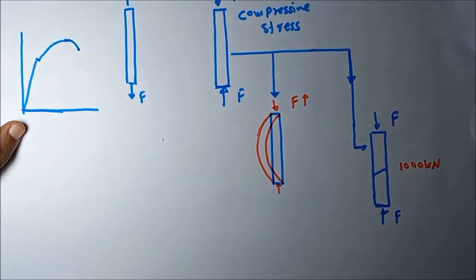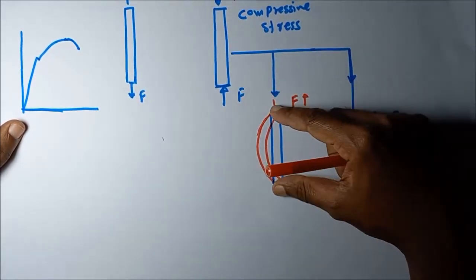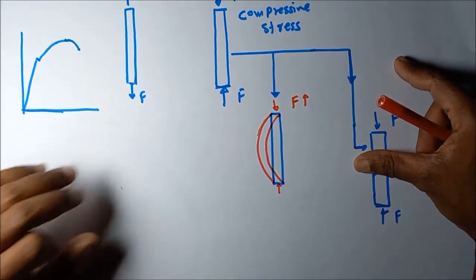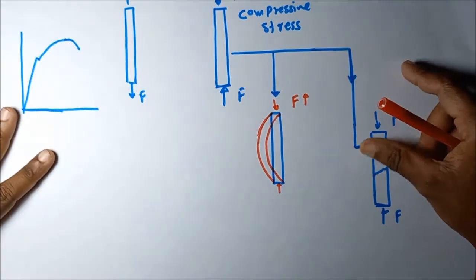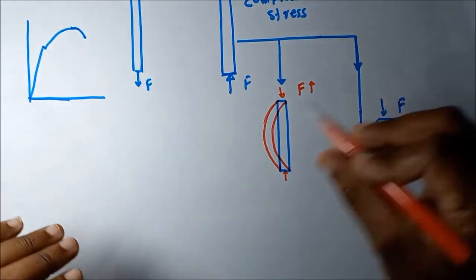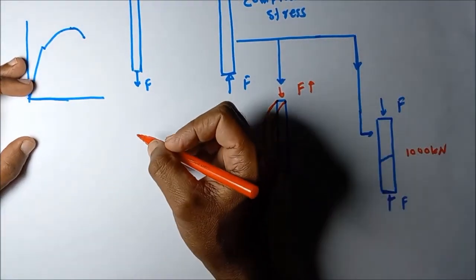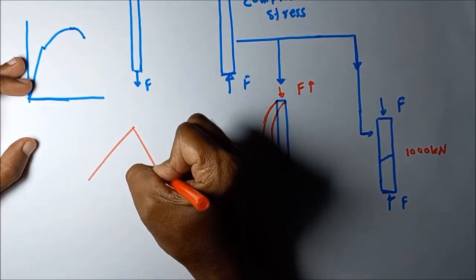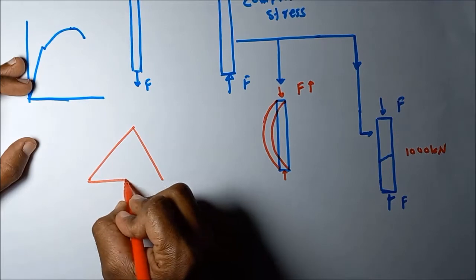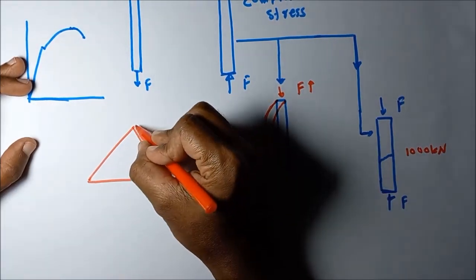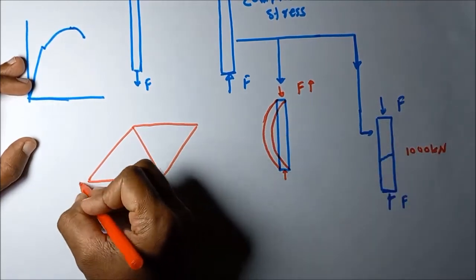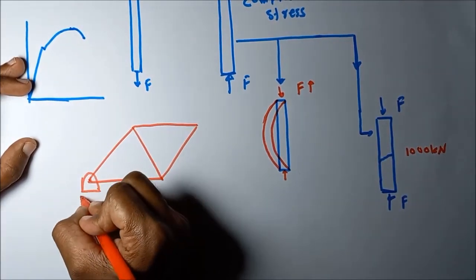This happens mostly in axially loaded components, especially in columns. Not only in columns, it also happens in truss structures. For example, let's take this truss structure.